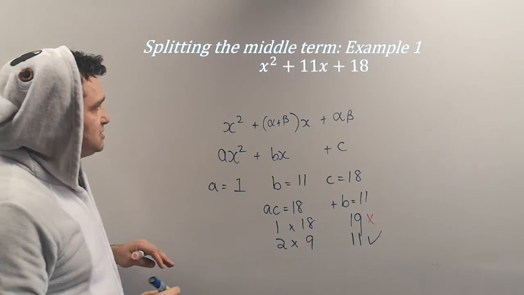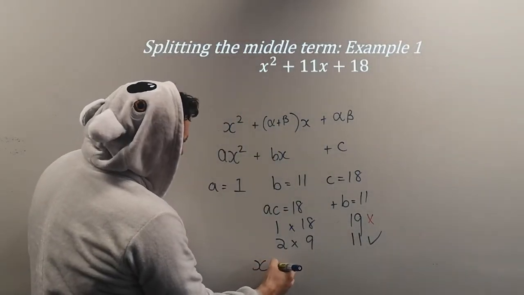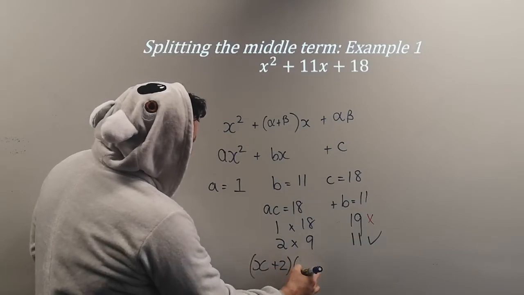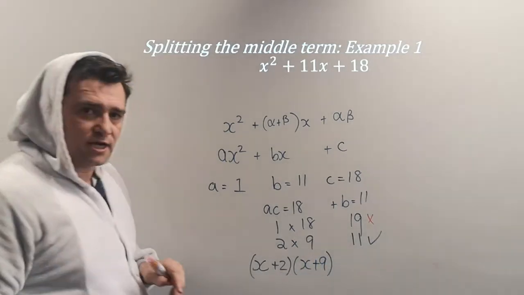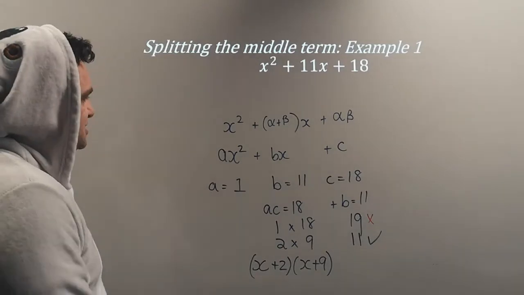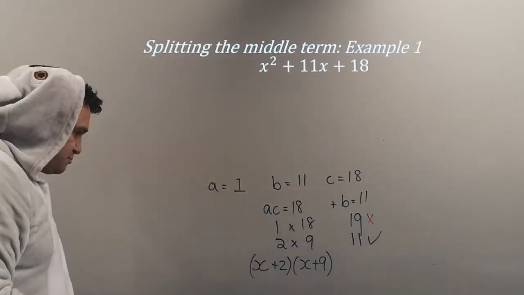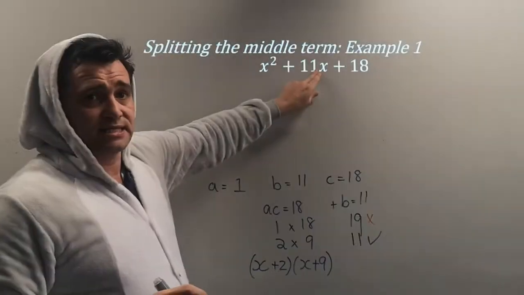So I can actually factorise this directly by saying this is going to be (x plus 2)(x plus 9). And we're going to prove that in one second. I'm just going to get rid of some of this writing. The process of splitting the middle term actually means that we do need to split this term.